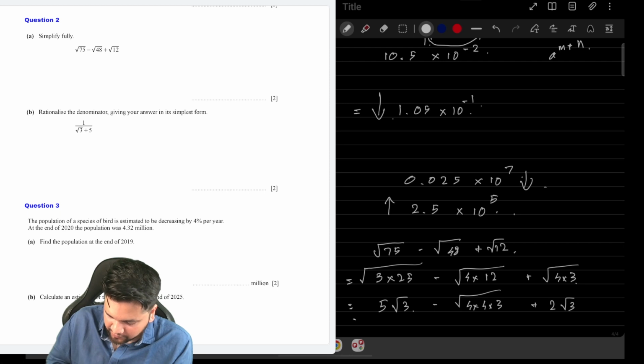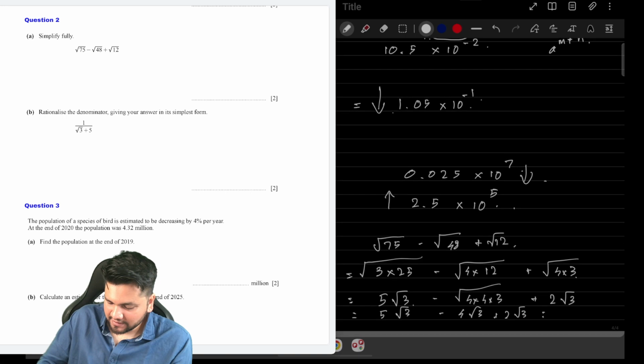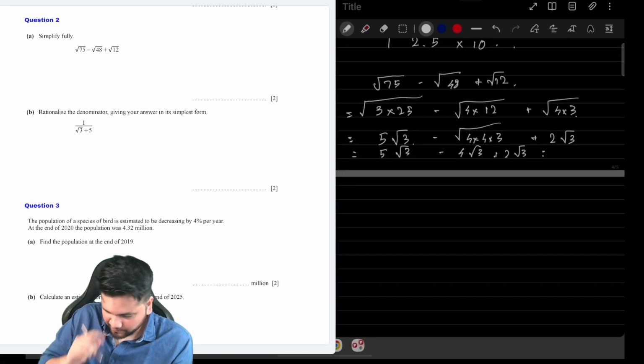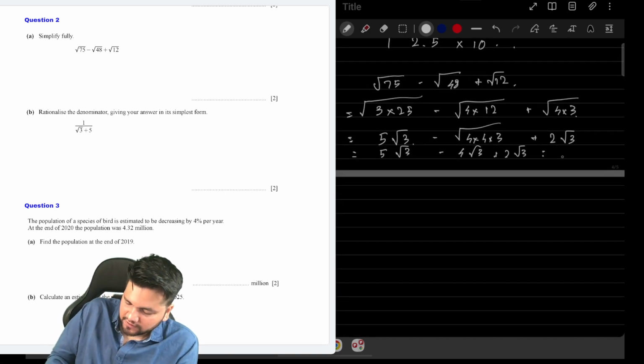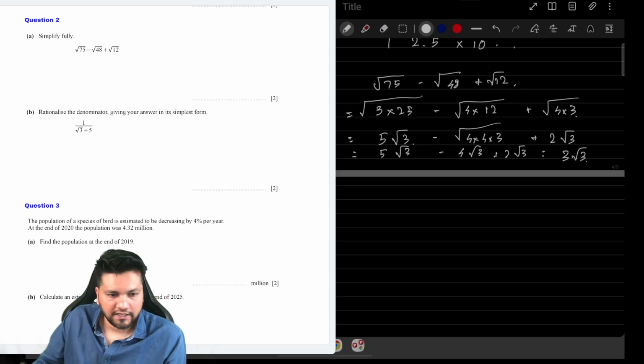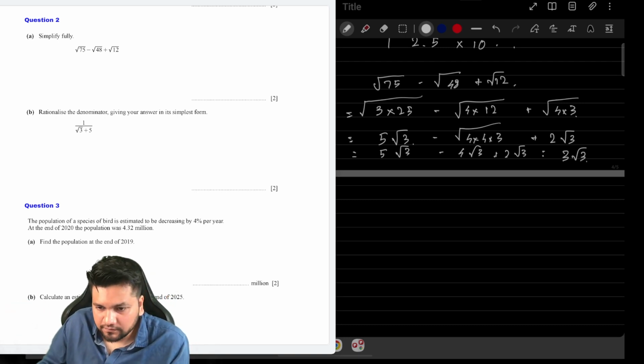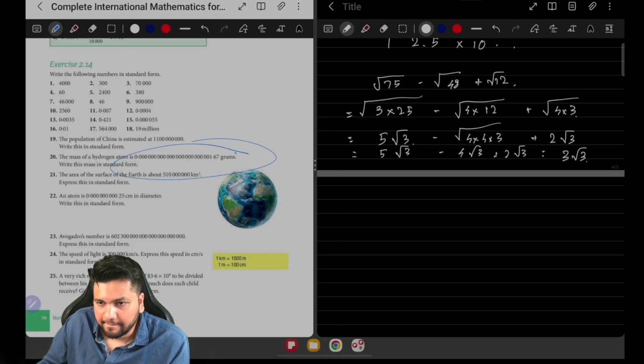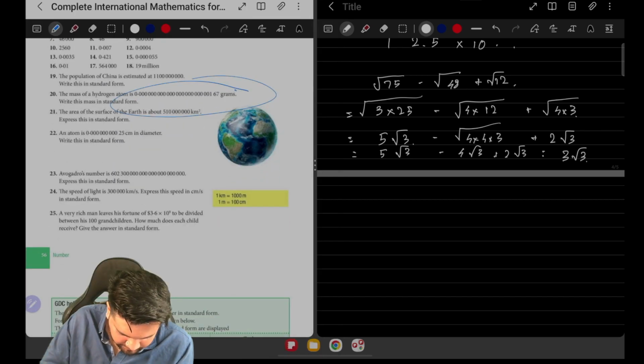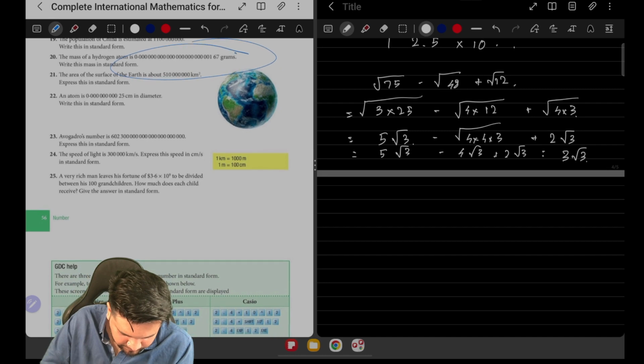Now this complete thing would be 5 root 3 minus, there are 2 4s in it, so 4 root 3, and then plus 2 root 3. Overall this would be like 5x minus 4x plus 2x, so x plus 2x, which is 3x, so it's going to be 3 root 3. I hope you understood. Basically I'm just considering root 3 as x to simplify. Okay, now let's move further.